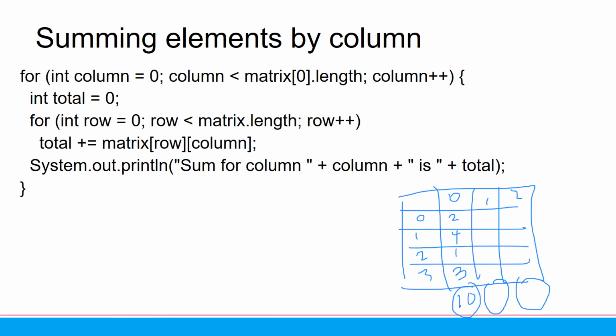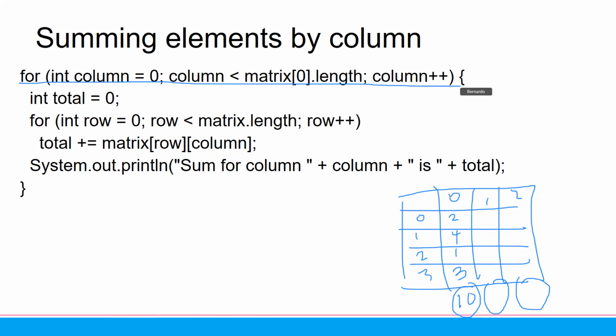Now with this way, what can we do to write the Java code? In this case, we need to twist a little bit. We are using the column first. Why?